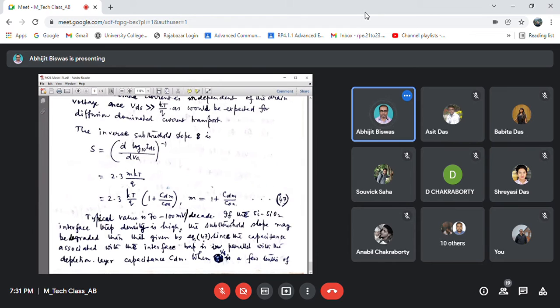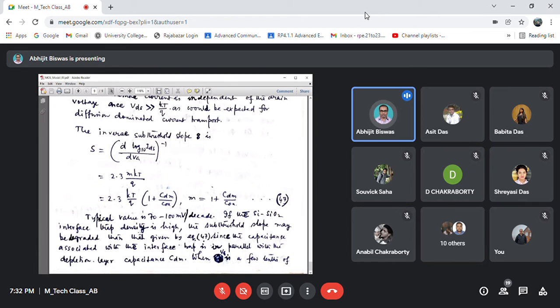So even if you neglect CDM, what will be the value of subthreshold swing? This is 2.3 times kT/q. kT/q at room temperature is 26 millivolt. 26 times 2.3 means 60 millivolt per decade.